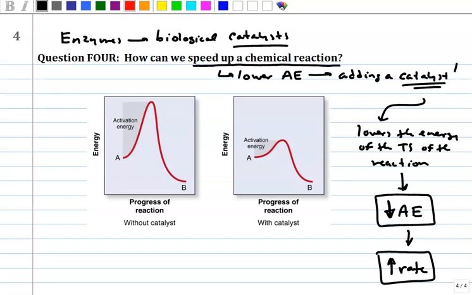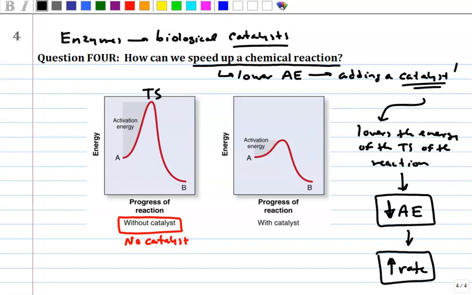Let's do an example here. So here we have a reaction diagram with no catalyst. And you have the reactant A going to the transition state there. We have a fairly large activation energy.